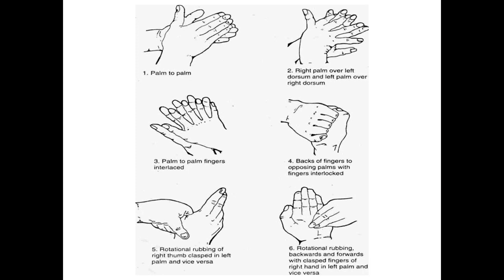Hand washing, I am sure that this picture is familiar to you. It passes into 6 stages, and the picture may explain it. Palm to palm, and then reverse it, and then bend it, and then the thumb inside the palm, and then you rub the tips of the fingers on the other palm.